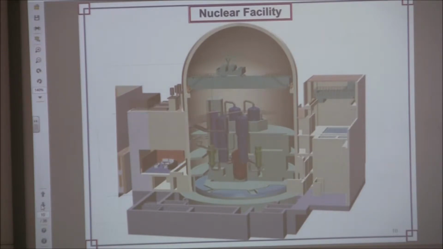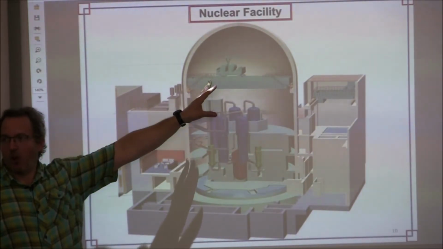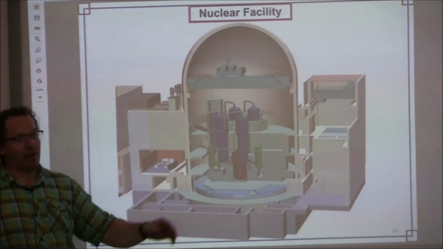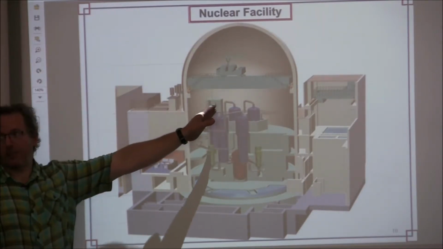Instantly flashes to steam. What happens when you go from water to steam? It expands, right? Rapidly. So this containment structure, its whole purpose in life is to contain that worst case where all the hot water is dumped into containment. That's the reason why it's sized this big.